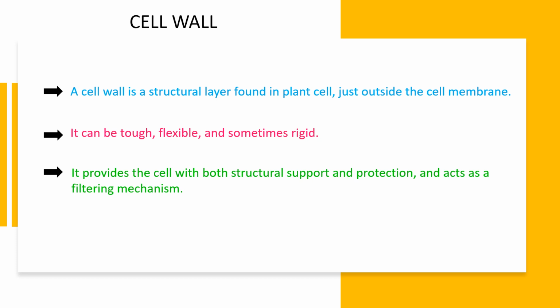Plant cells have an additional layer outside the cell membrane that is known as the cell wall. The cell wall is made up of cellulose and it is tough, rigid and also flexible. It gives shape to the plant cell, and animal cells lack the cell wall. They don't have a cell wall.